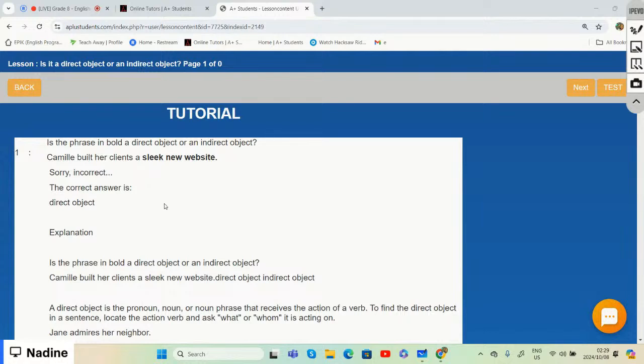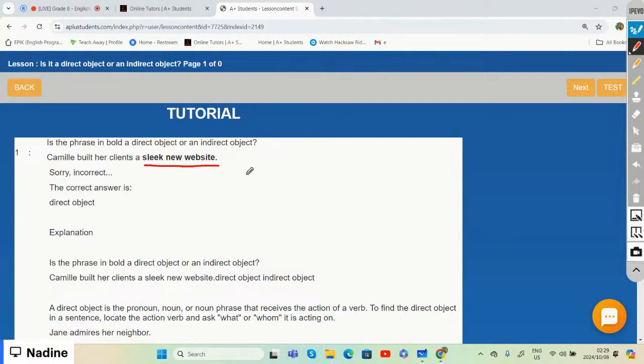If we were to choose our correct option of either direct object or indirect object, we would say sleek new website is a direct object.